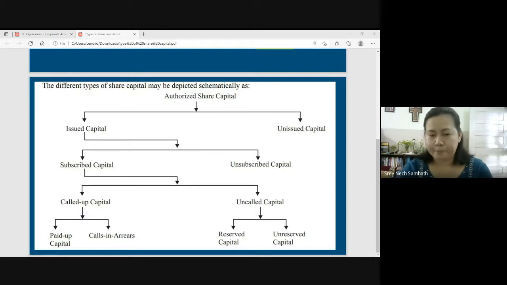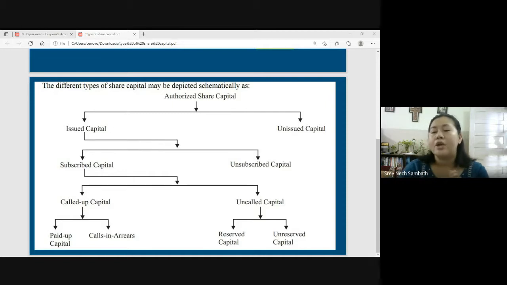Call up. So subscribed capital is divided into different calls according to the board of directors. But if the board of directors decides that they want to call the entire amount, then it will be only one call, the first call. They usually write first and final call.